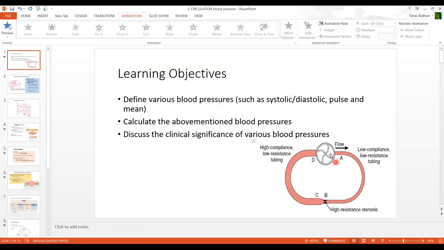Okay, so if you increase the cardiac output and keep the peripheral resistance constant, what will happen? The blood pressure would rise. Okay, if you keep the cardiac output constant and you were to increase the TPR by constricting the arterioles, what would happen?